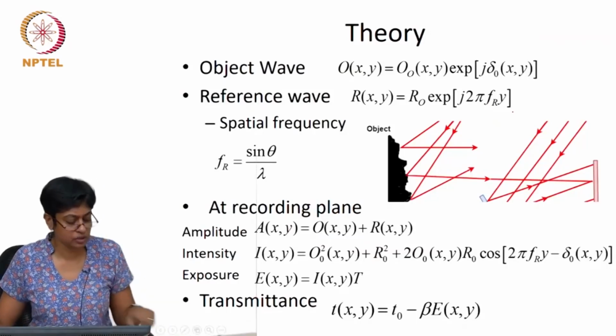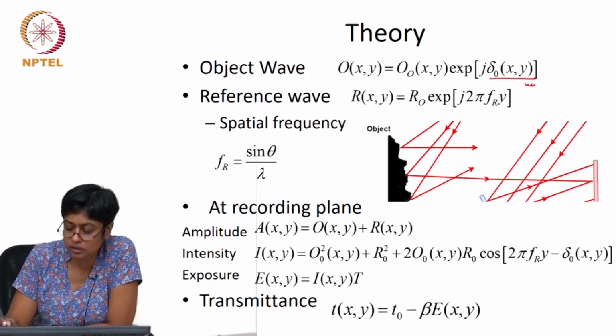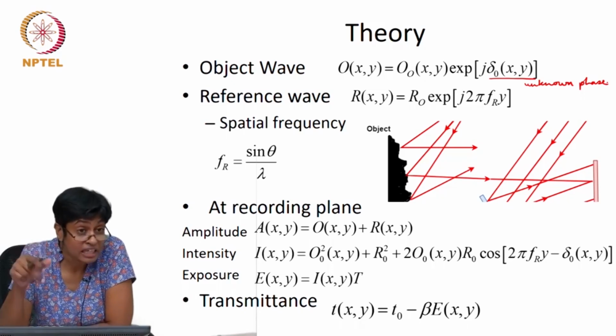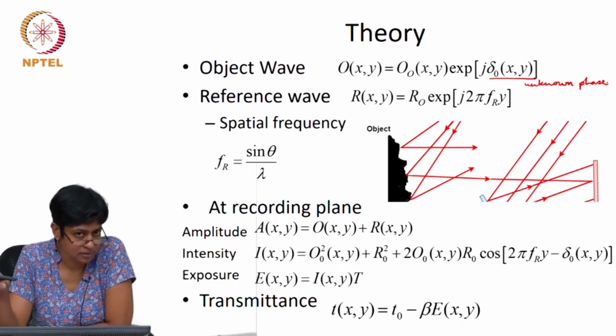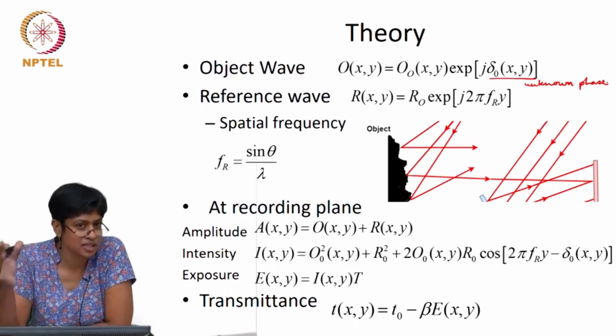This was our object wave, right? This was the unknown phase that contains the object information. Right? In a hologram, it's not necessarily that I want to get a value for delta naught of x, y. It may not be that I need to quantify that, but I want that stored somehow so that I can reconstruct the object. That's the idea.